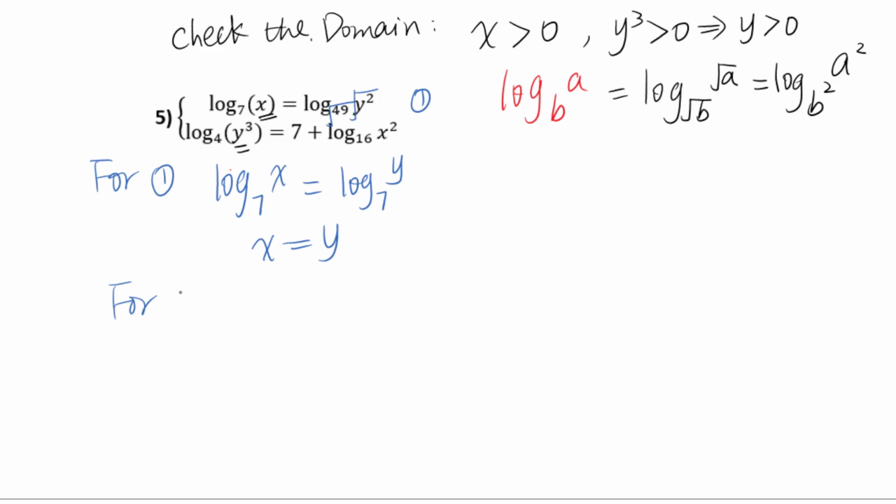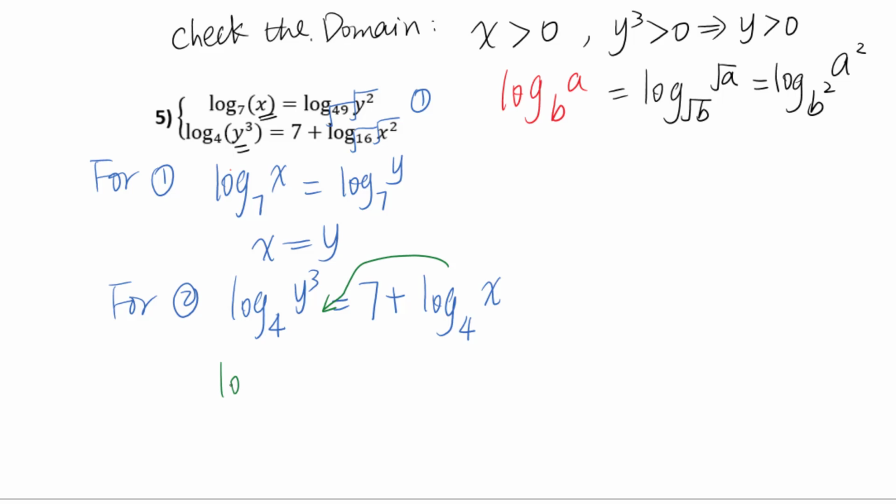For the second equation, log base 4 of y to the third power equals 7 plus, we will do the square root for base and argument, log base 4 of x. Since in this log equation not every term is a log, isolate the log on one side.